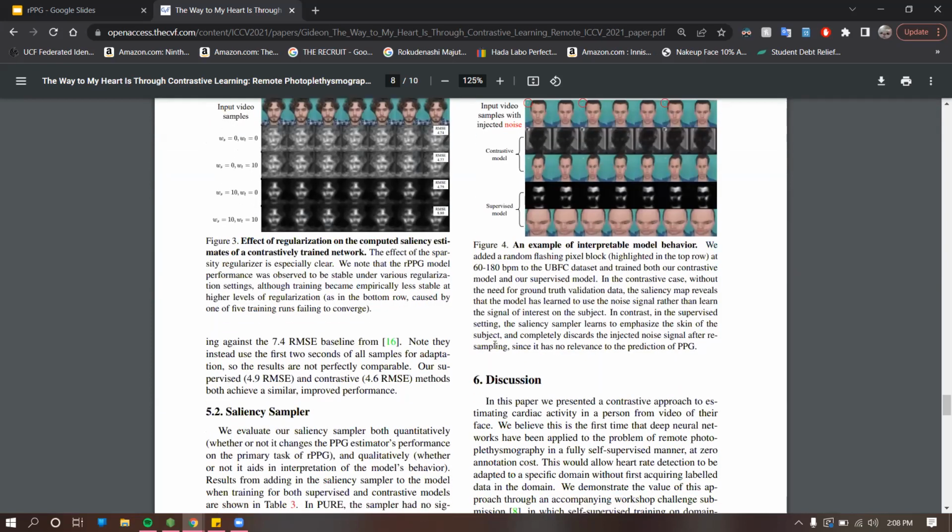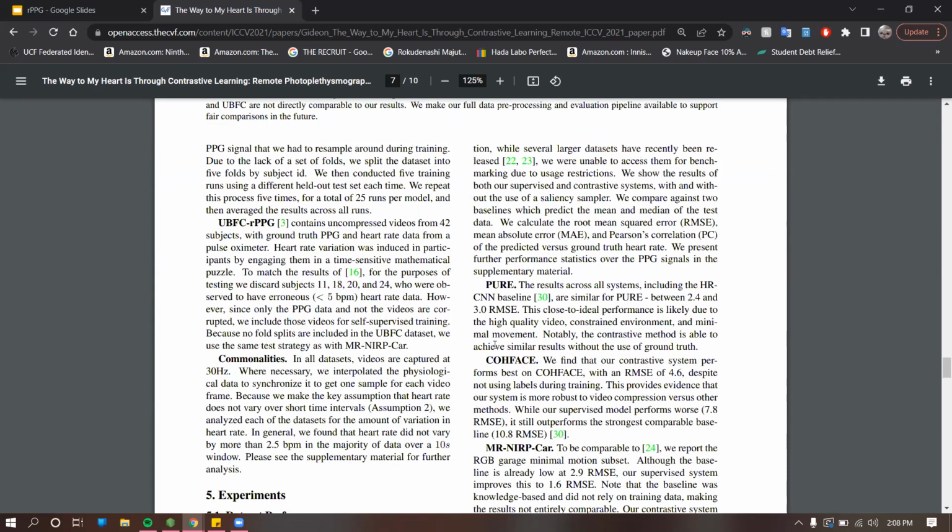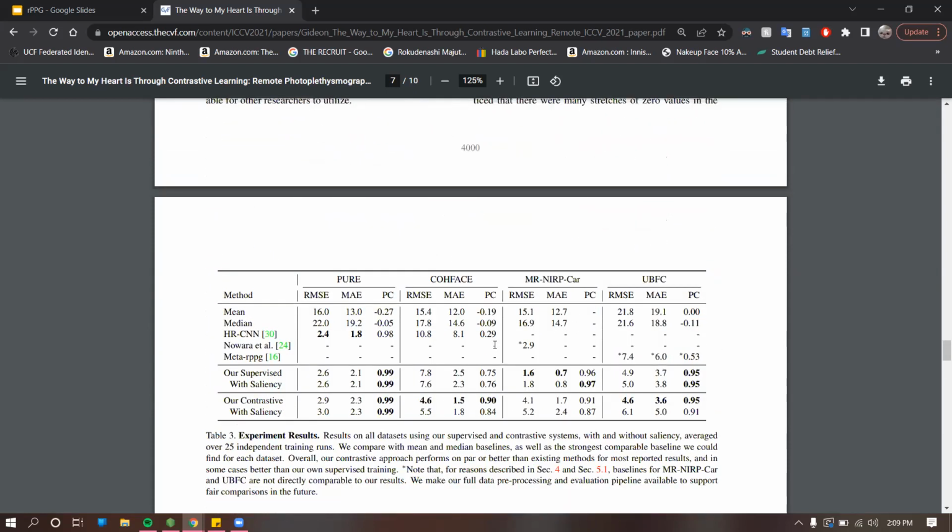No. Okay. Yeah, it seems like they didn't compare with many existing methods. I don't know if it's because in this domain, there's a lack of existing methods. So maybe these are the most relevant they could find to do the comparison.